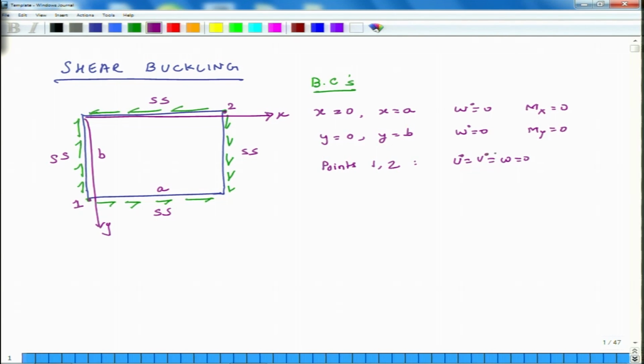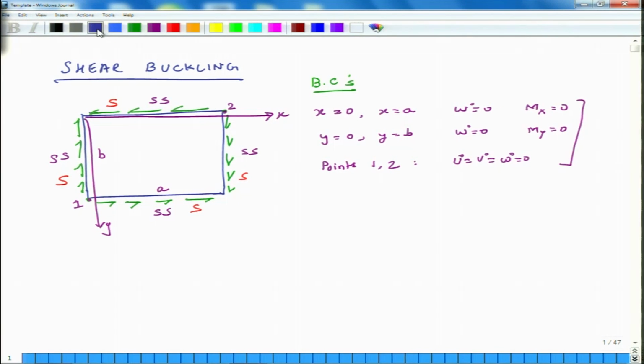These are all mid-plane displacements, and this is what the boundary conditions look like. And what is the shear force which is being applied? I am applying a shear force resultant S on all four sides. It is S newtons per meter. That is the shear force resultant.